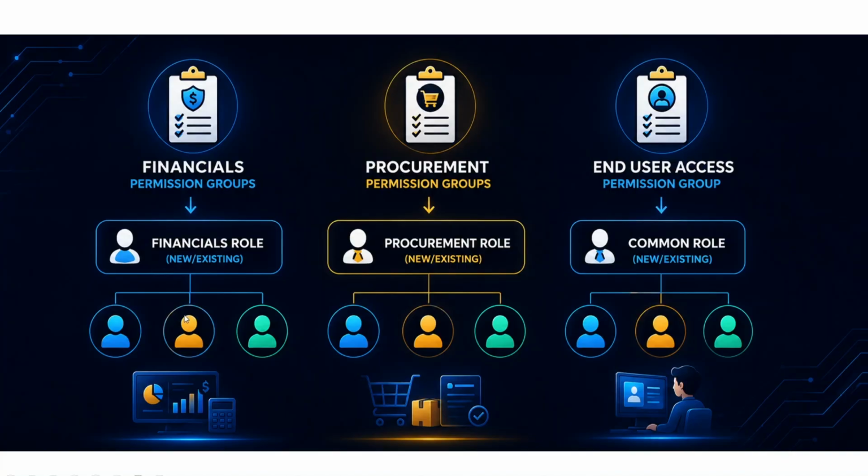And when the user gets the role, they automatically receive all the permissions inside that role. So the process is very simple. First, create the permission groups. Next, add them to a role. And finally, assign the role to the user. Okay, so let's continue with the next slides.